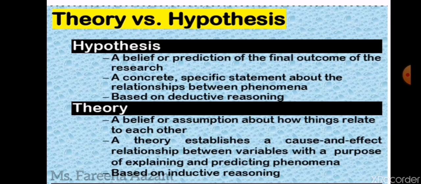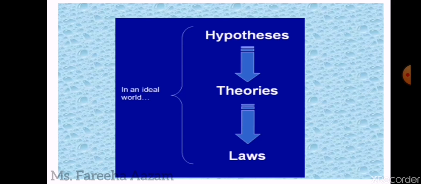It is basically a set of principles on which the practice of any activity is based. A theory is a belief or assumption about how things relate to each other, and it establishes a cause and effect relationship between variables with the purpose of explaining and predicting phenomena, and it is based on inductive reasoning from specific to general.